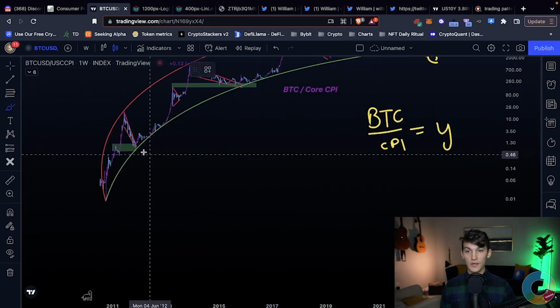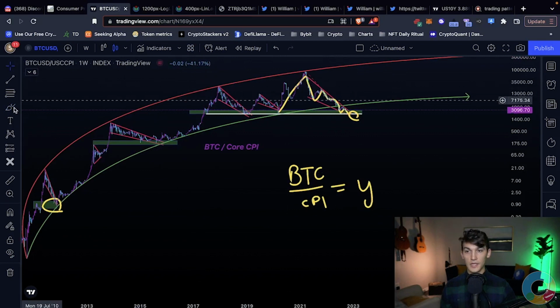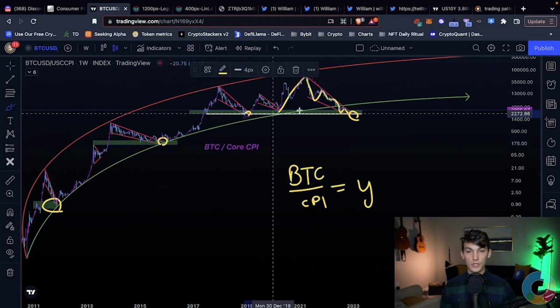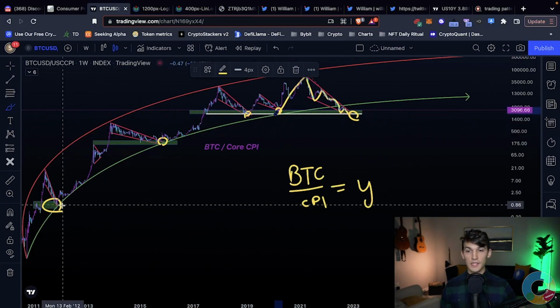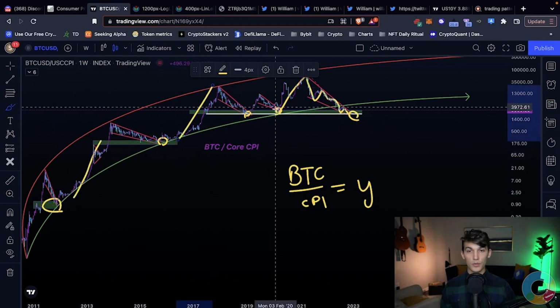So as you can see here, as we reach the end of this falling wedge, price action did something dramatic, okay? It's the same for the end of this wedge, the end of this wedge, the end of this wedge. What happened after every time we got to the end of these wedges in terms of core CPI? Boom, straight up, boom. We went to the top of this red channel.